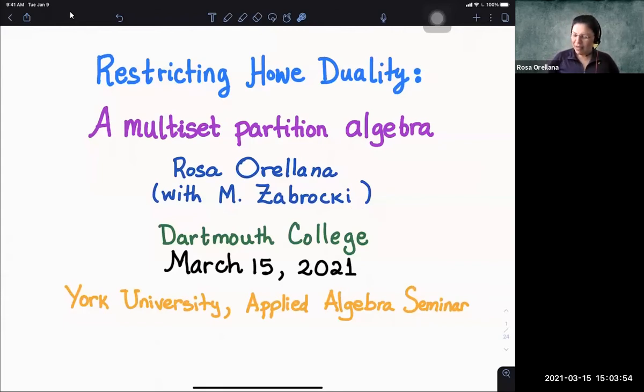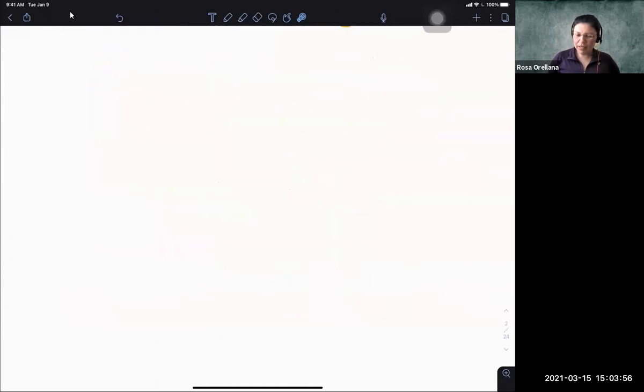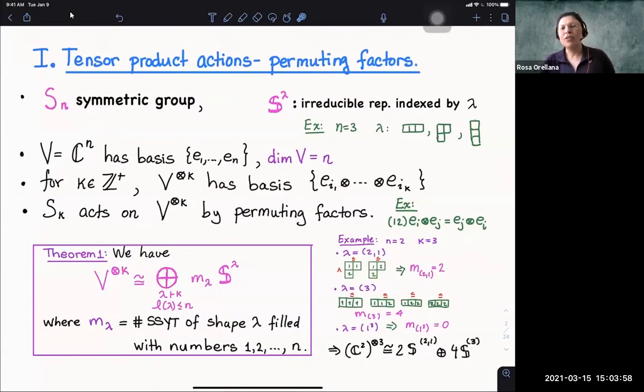Okay, so I want to begin with something hopefully that all of you know. I want to talk about S_n actions in this talk. And here we have an S_n action that a lot of you probably have learned already.